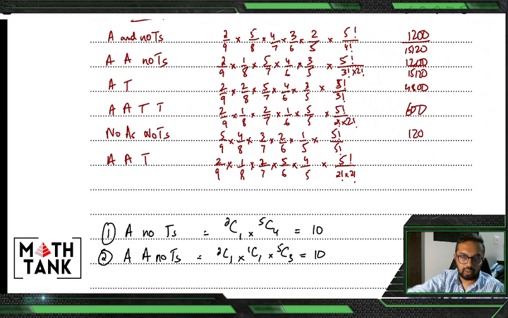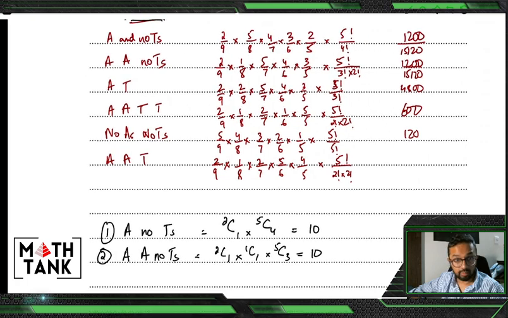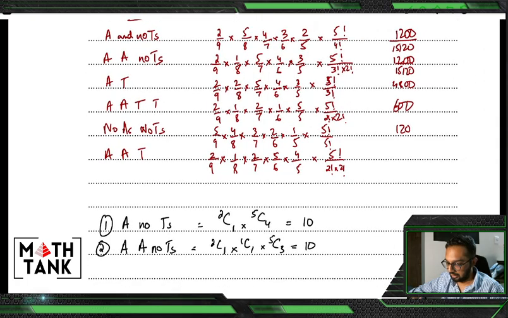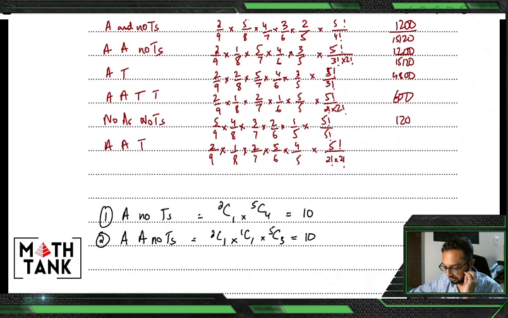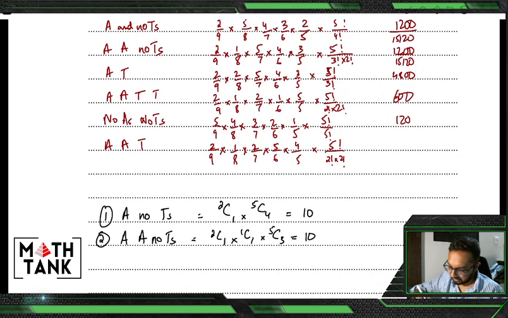Let me just check. Two A's and no T's. Yeah, 5C3. Okay, in fact, I've done sort of arrangement.